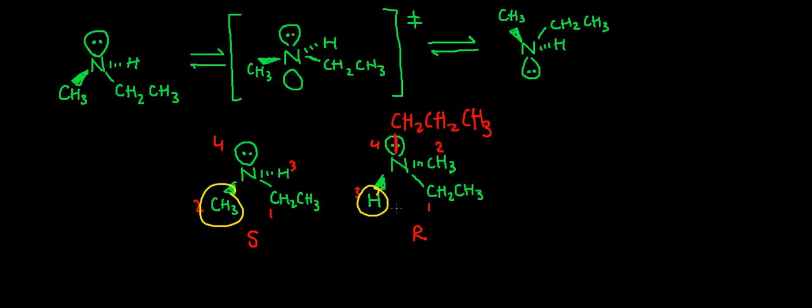Or if it were somehow attached to something really, really sturdy where it wasn't going to move for whatever reason, or the activation energy for this to occur would be too high. So if maybe these groups were really, really heavy, it would be hard for the interconversion to happen.